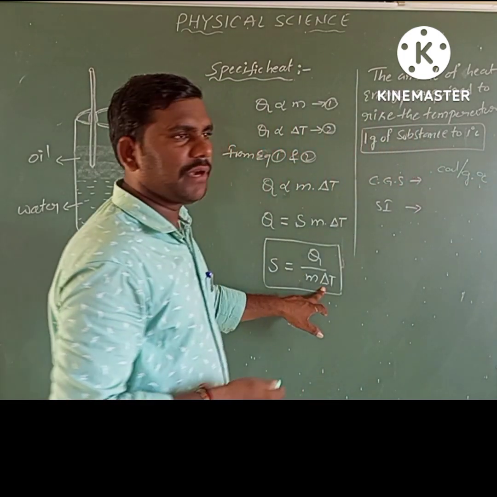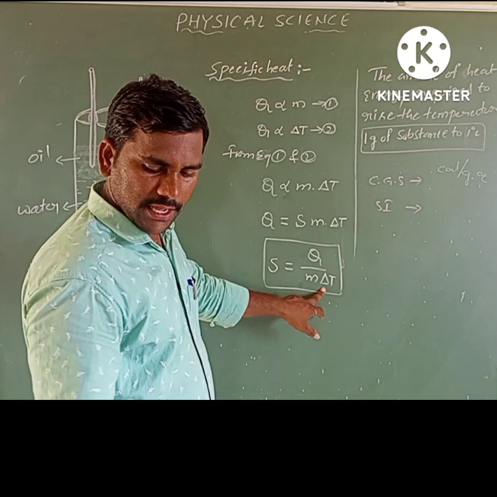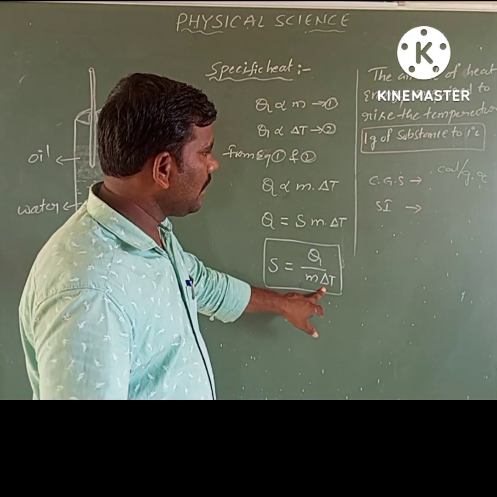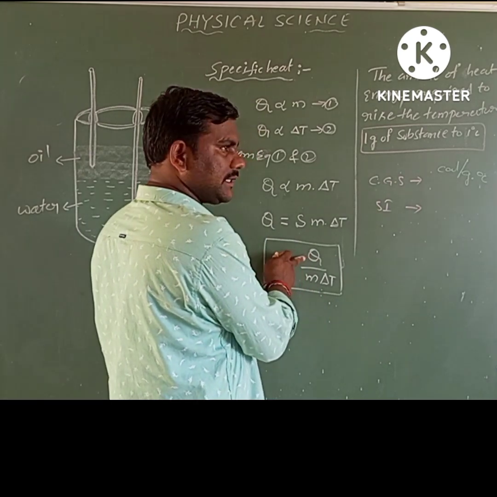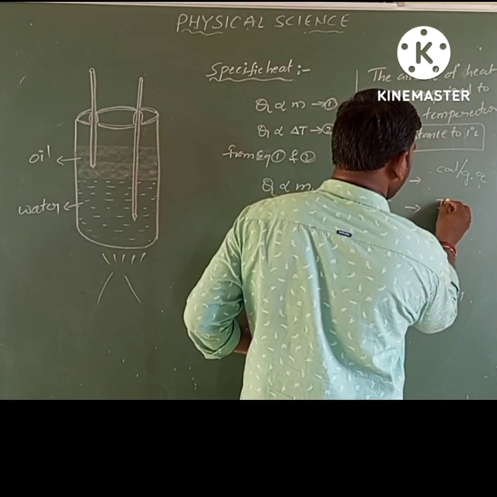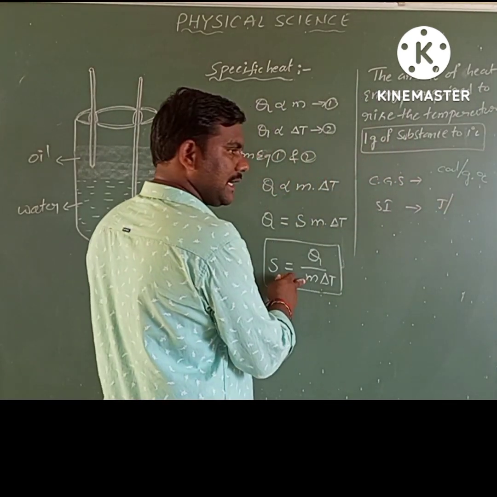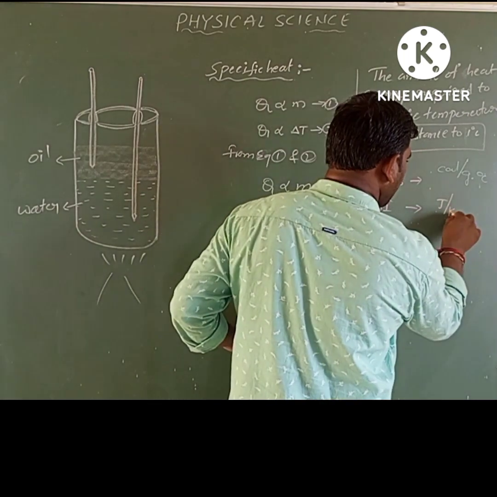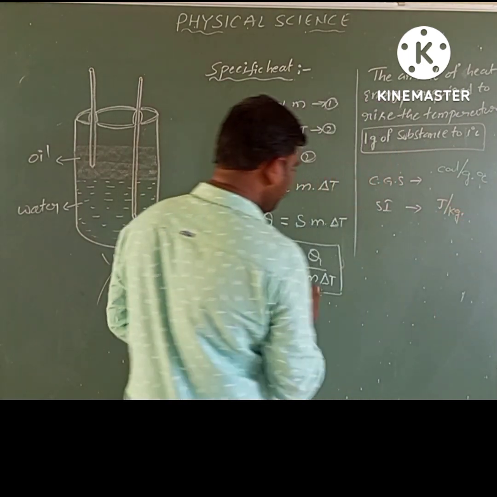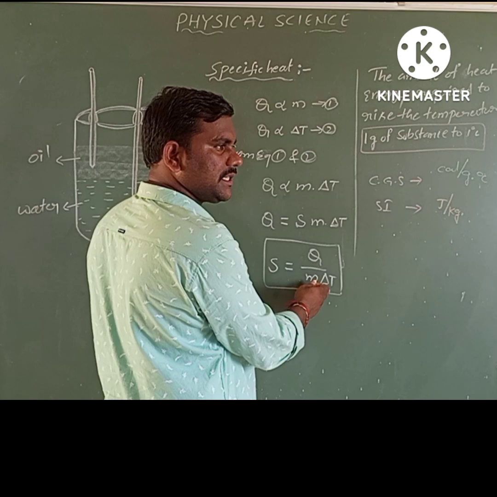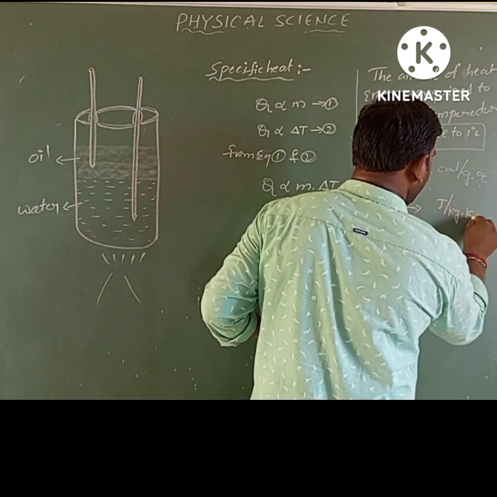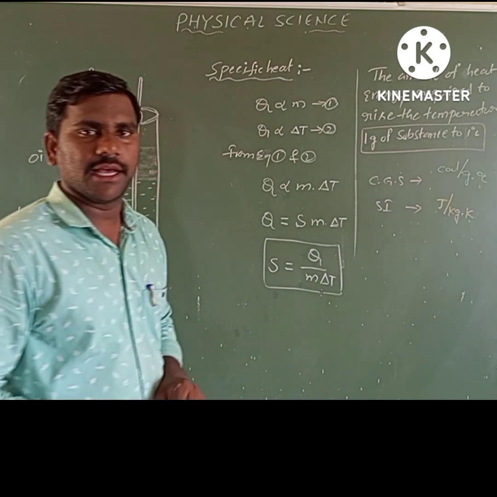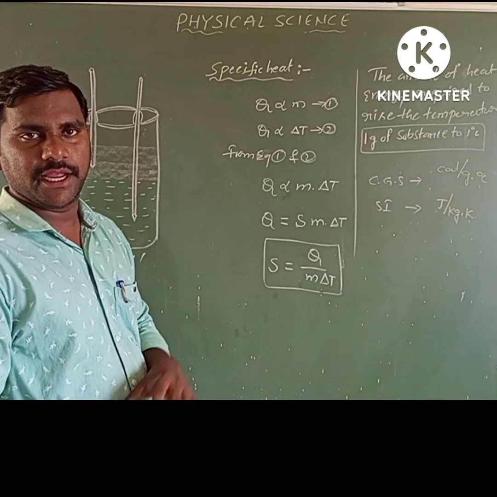So calorie per gram degree Celsius is the CGS unit of specific heat. Next, SI units. The SI unit of heat is joule, per mass in SI is kilogram, and temperature in SI is Kelvin. So joule per kg Kelvin is the SI unit of specific heat.